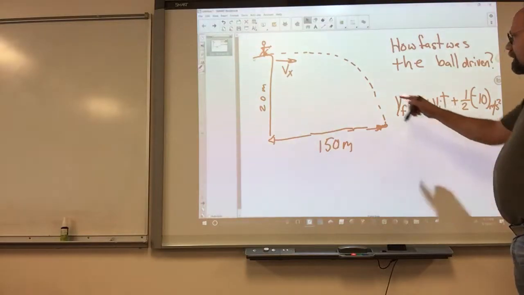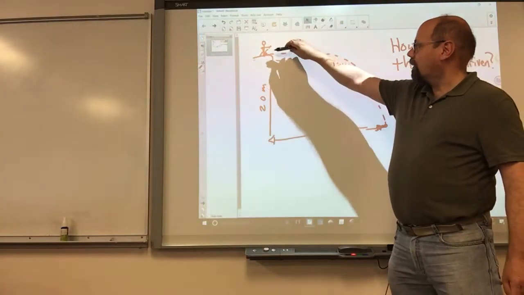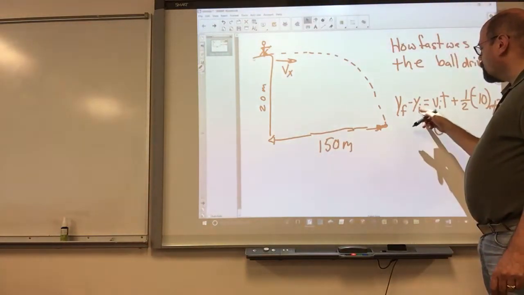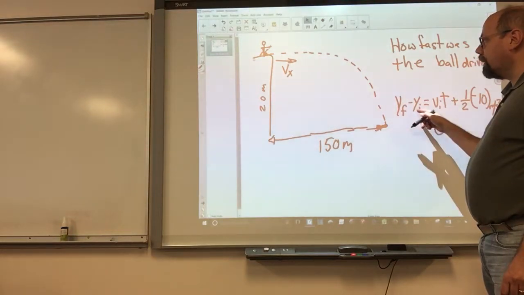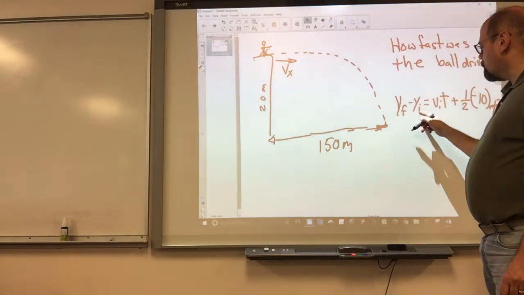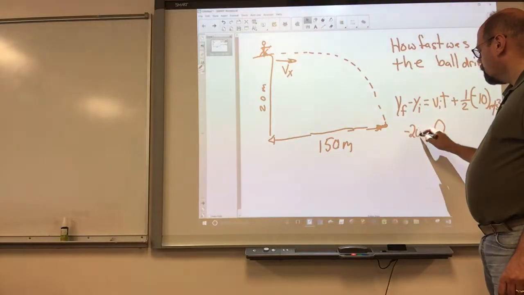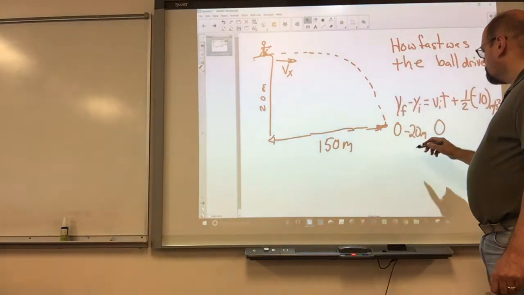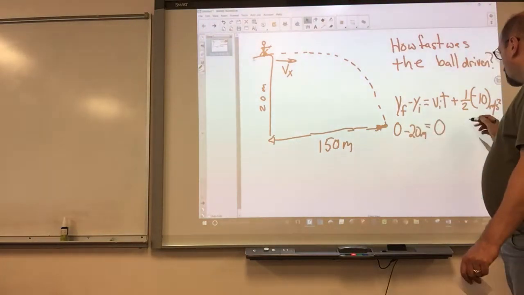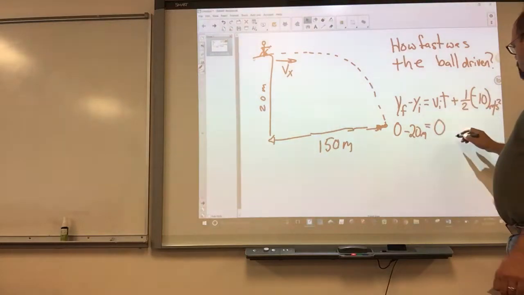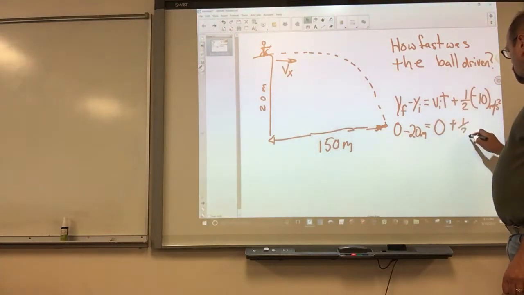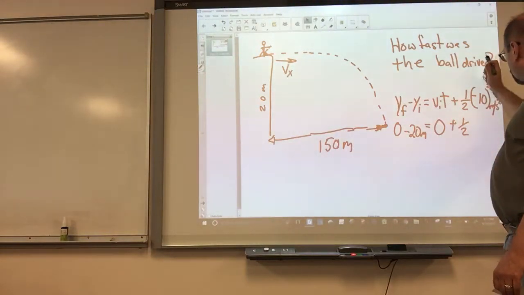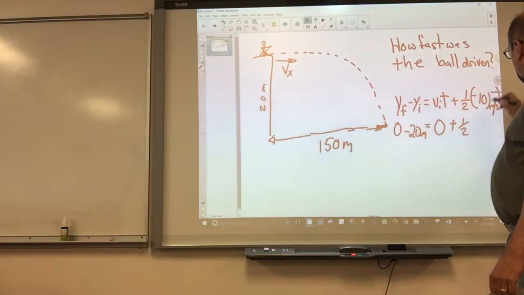Okay, we know what the initial velocity is in the Y direction. It's starting here, it has no velocity downwards, so that's going to go to a big 0. We know what the initial height is. That's going to be 20 meters. And we know what we're trying to get down to, the final height, which is 0 meters. Okay? Now, we also know that that minus is still plus 1/2 acceleration times t squared. So we still have to sneak a t in there.